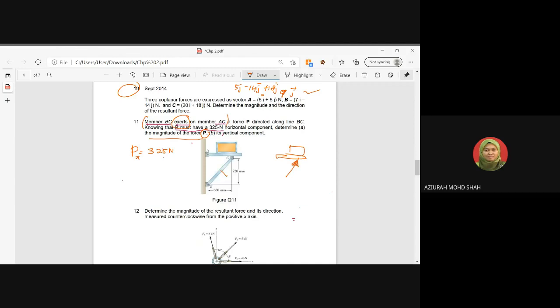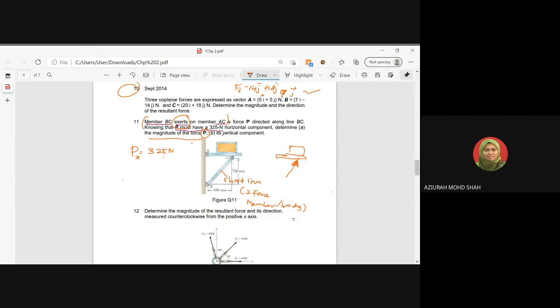This is what we call as a short link lah. Nanti dalam chapter 3 you akan jumpa. Short link ini kita kata this is a two force member. Nanti saya ambil je dulu maklumat ni, nanti kamu akan jumpa perkataan ini dalam chapter 3 juga, two force member ataupun body lah.